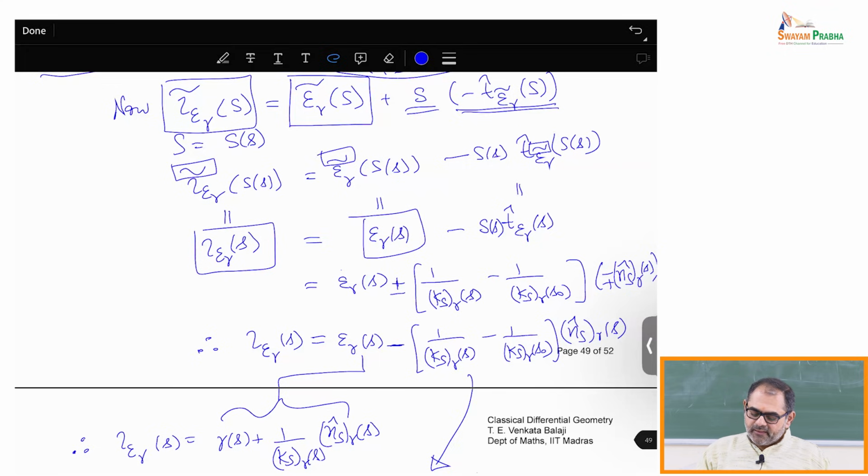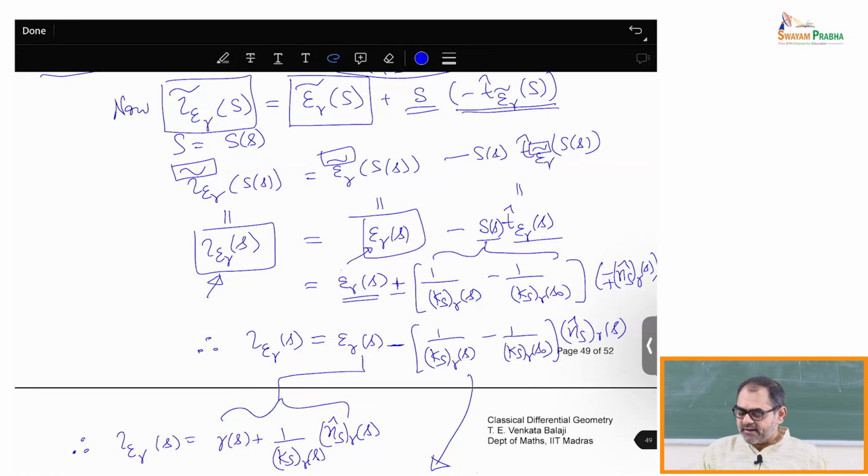I get I epsilon sub gamma of small s is equal to epsilon sub gamma of small s minus capital S of small s times the unit tangent vector of epsilon sub gamma. Now you see this epsilon sub gamma of small s, I substitute the value of the capital S of small s.